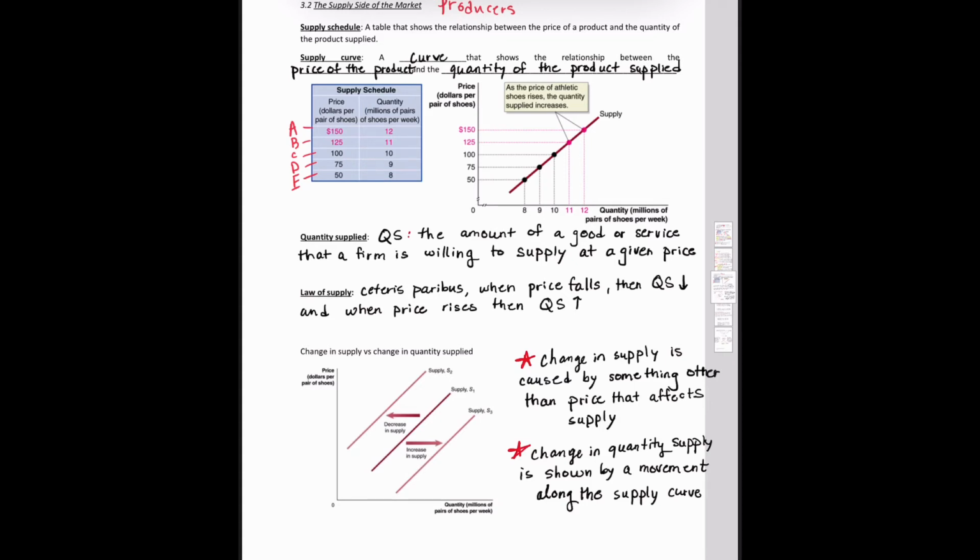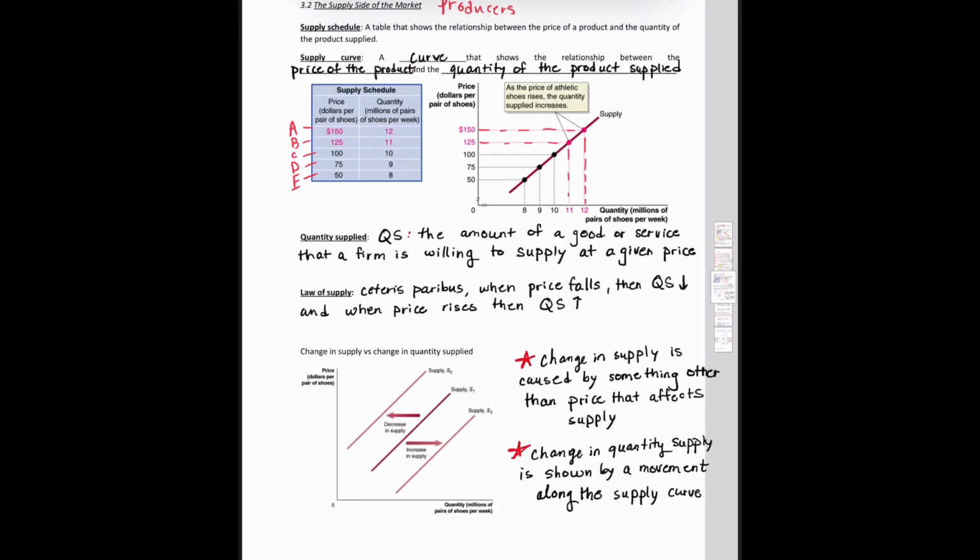So at price 150, how many shoes is Nike able to sell or willing to sell? They're willing to sell 12 million pairs of shoes. At 125, they're willing to sell 11 million, and so on and so forth.